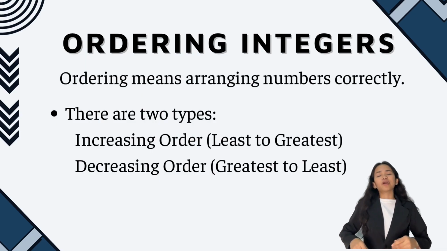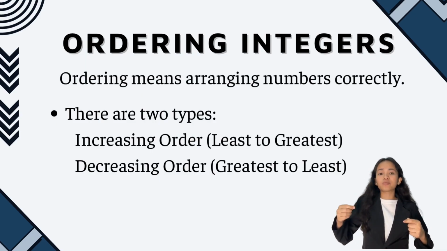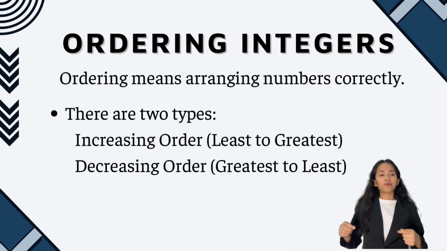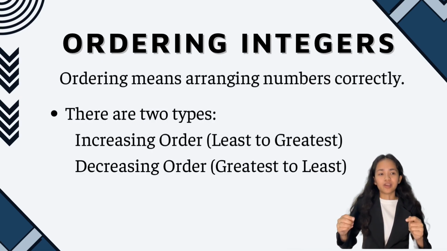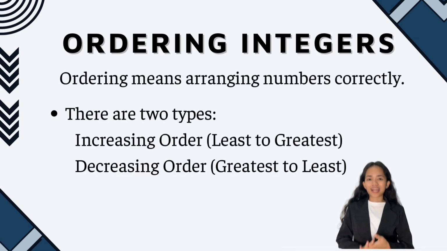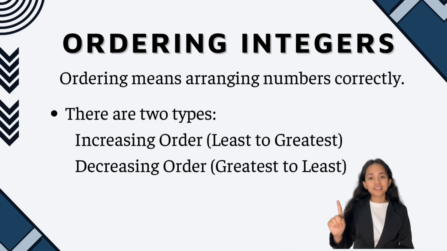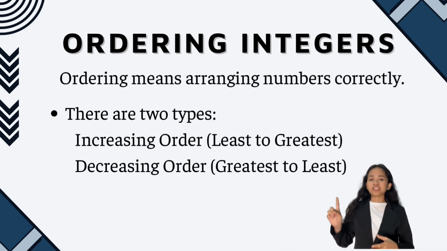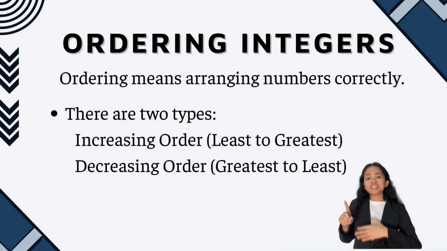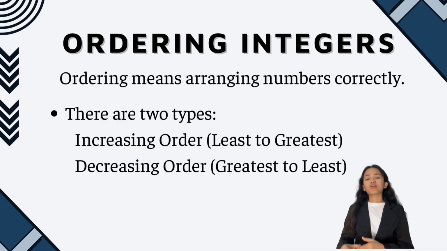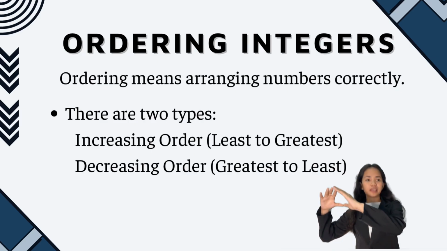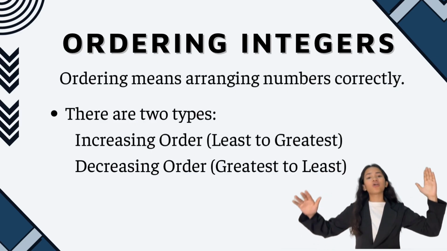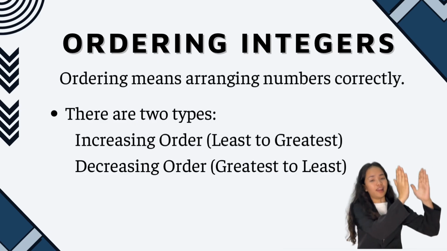So again, when we are ordering the integers, we are arranging them correctly. Class, there are two types of ordering. The first one is increasing order, which can also be called ascending order, because we are ordering integers from least to greatest, or from smallest to largest.